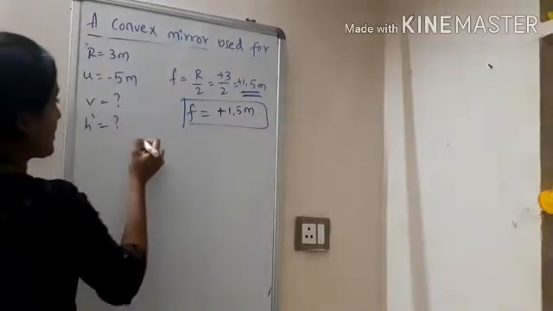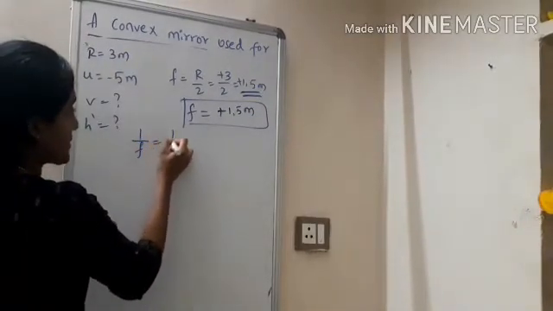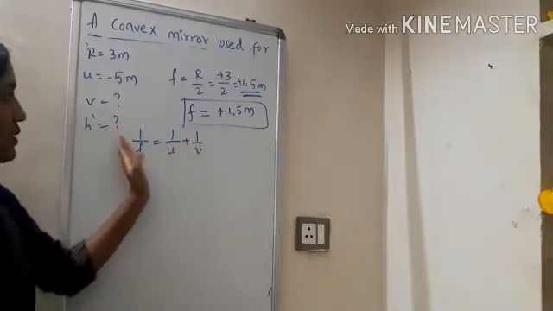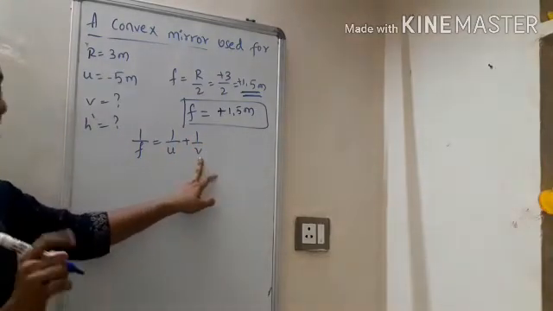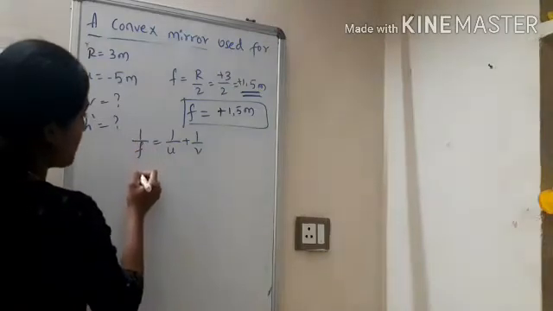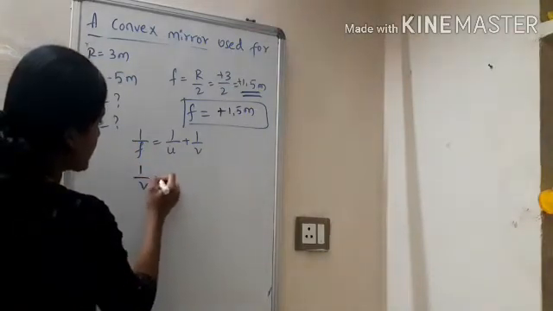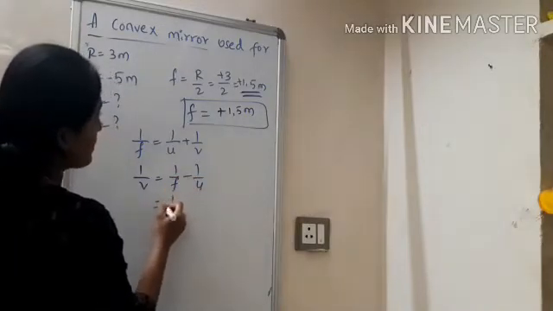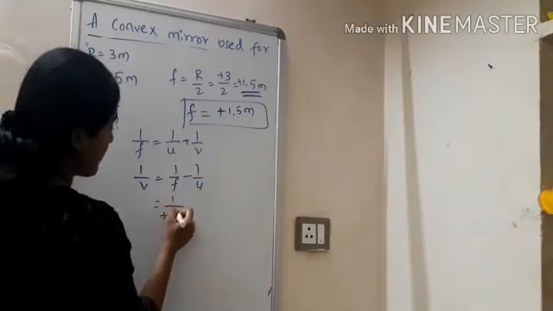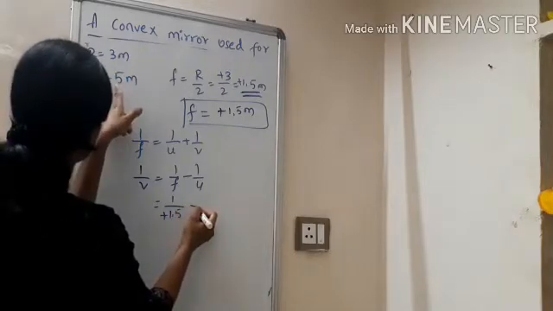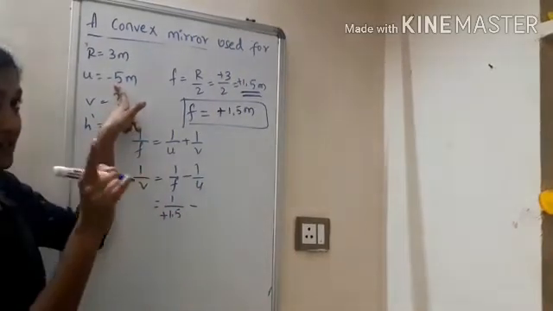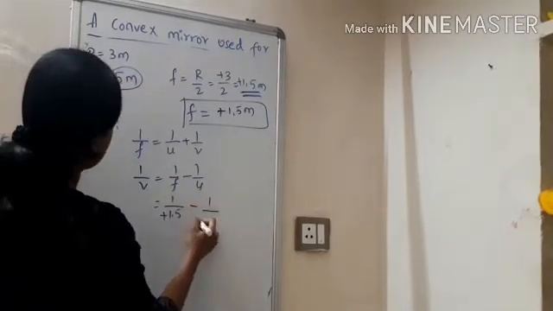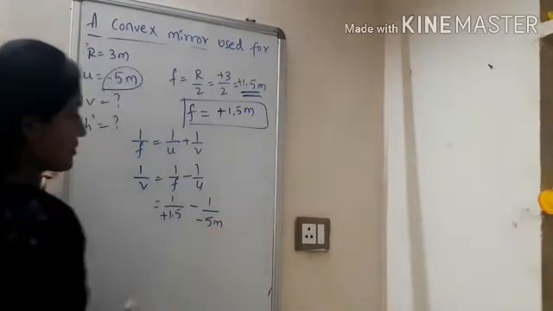Now substitute in the mirror formula. So 1 by v is equal to 1 by f minus 1 by u. So what is f? Plus 1.5, minus, here minus, because the object is in front of the mirror, so I am taking minus 5 meter.